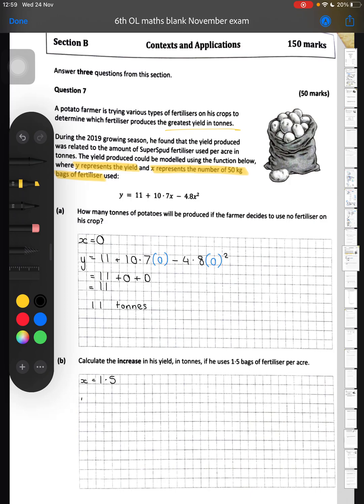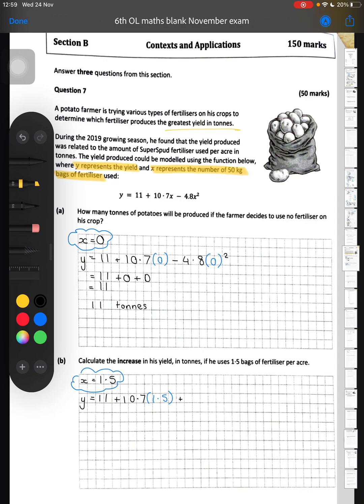I am just going to figure out what is his yield, what is y, when x is 1.5. So I'm going to have 11 plus 10.7 times x, so times 1.5. I'm just filling in anytime that there was an x, like I did up here.